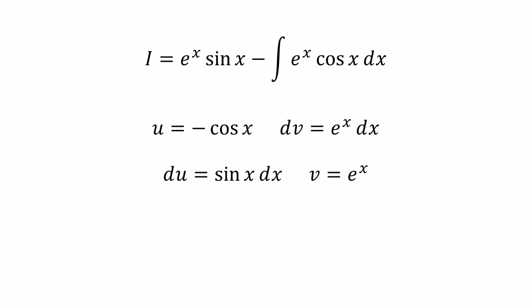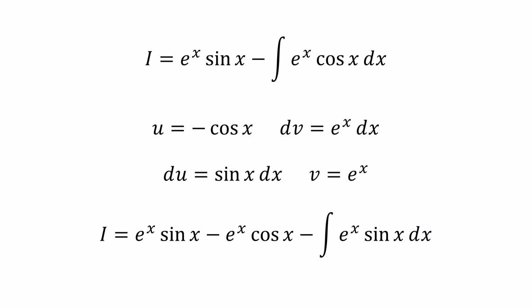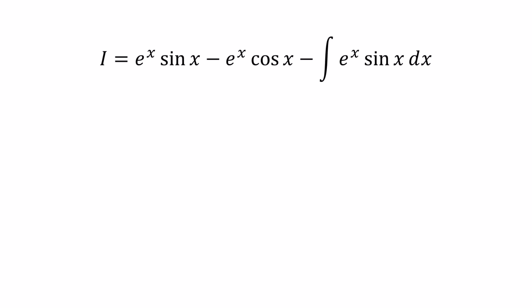Applying the integration by parts formula then gives I equals e to the x sine of x minus e to the x cosine of x minus the integral of e to the x sine of x dx.